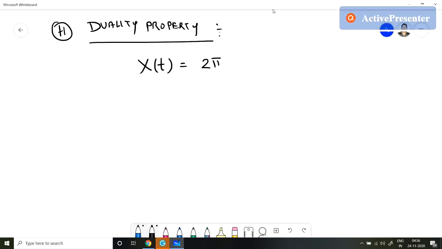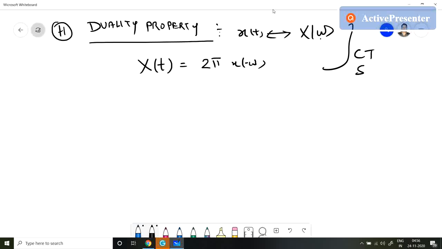Then it is simply 2 pi x of minus omega. So if we have x(t), whose Fourier transform is X(omega), then if we replace omega with t, this is the case of a continuous time signal.